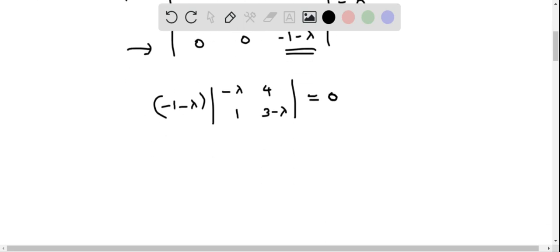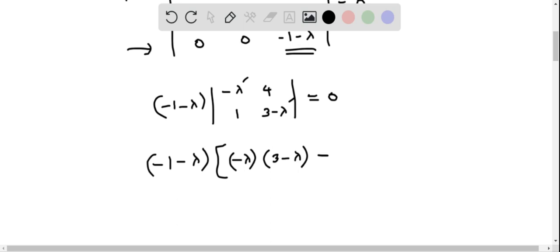Now let's expand the 2 by 2 determinant. Here we have negative 1, negative lambda multiplied with negative lambda times 3 minus lambda, and then minus 1 times 4, which is negative 4.